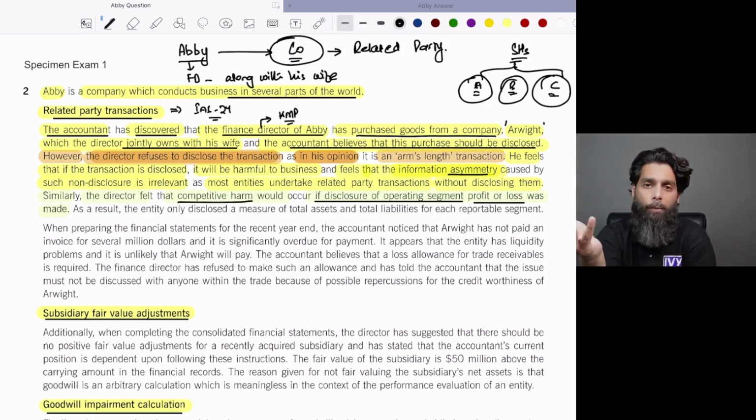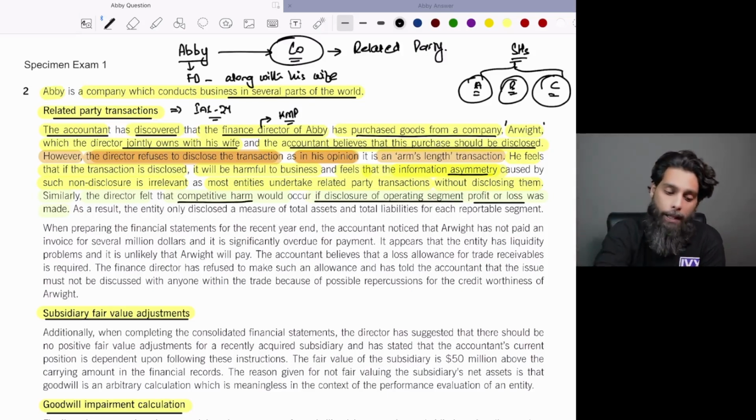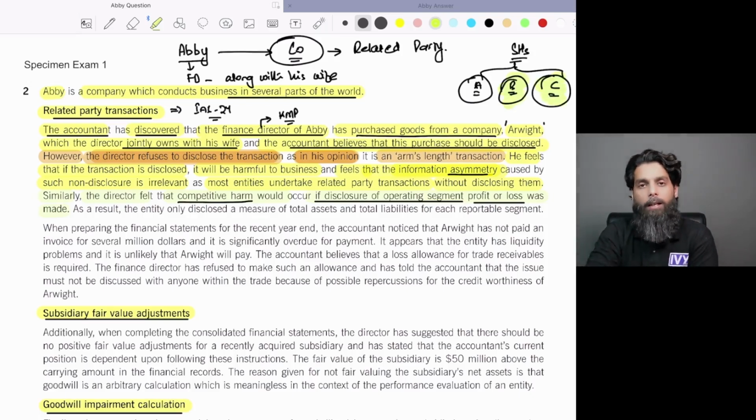In what sense will it provide us competitive harm? Our competitors will know which of our products is loss making, which of our divisions is profit making, how well or how poorly we are performing in terms of our operating segments. And therefore, since competitors will get to know our information, we should not be providing this information.